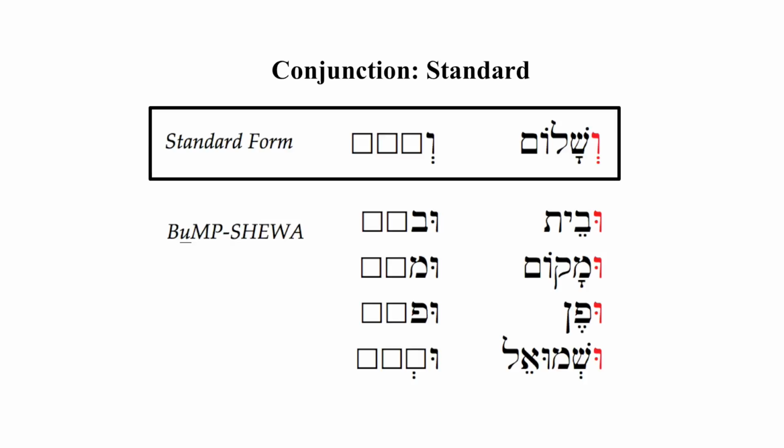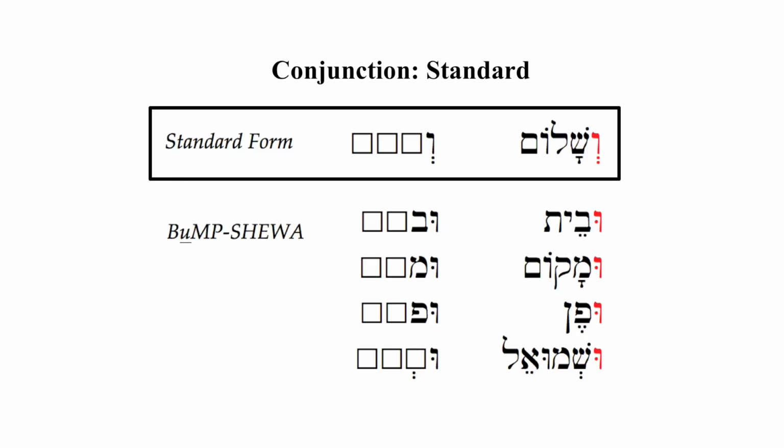So they use the u to help transition into the word. So Shemuel, Samuel, Ushemuel, and Samuel. Those are the two most common rules. Standard form, vav with schwa. Bump schwa, bait, mem, pe, consonants with schwa, use u.